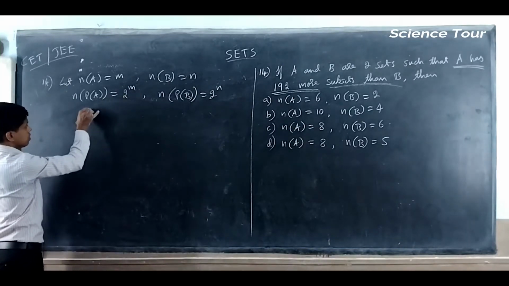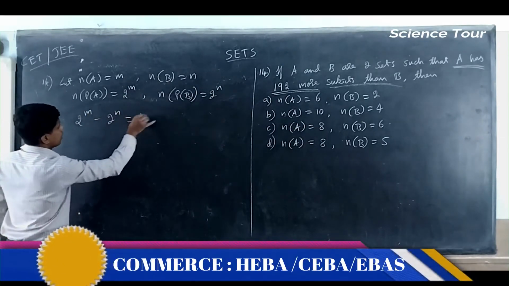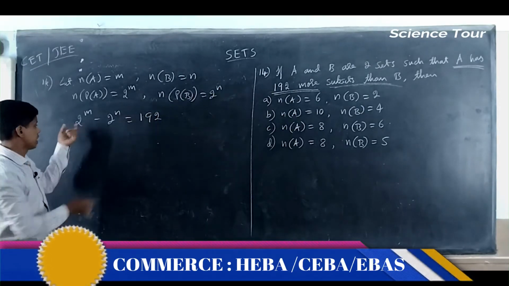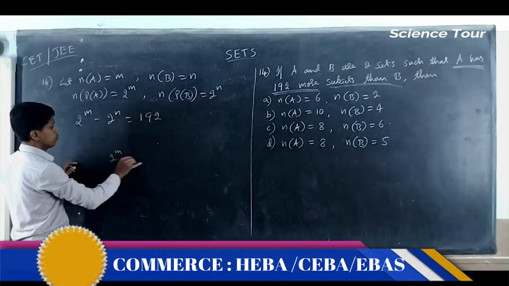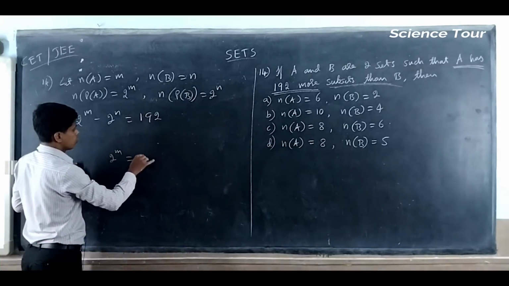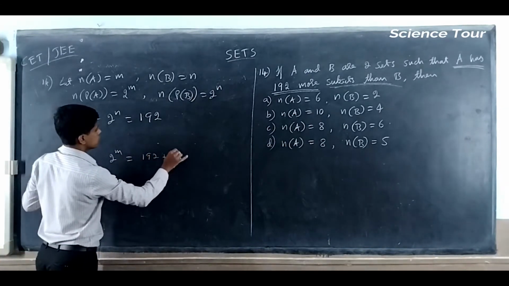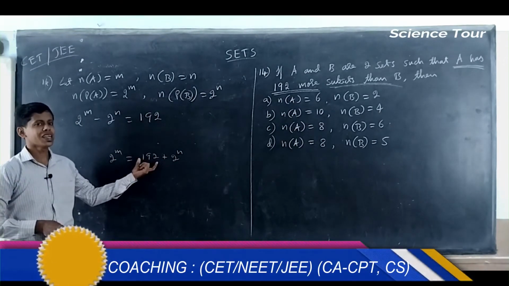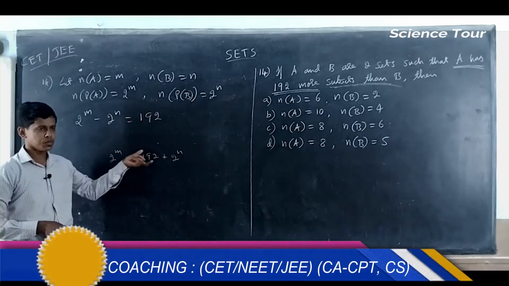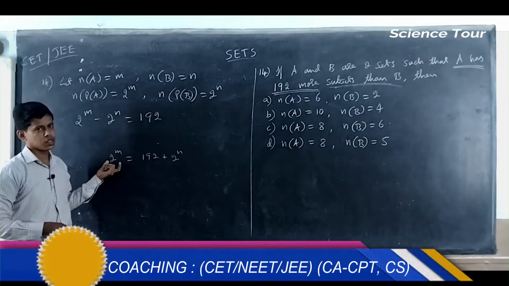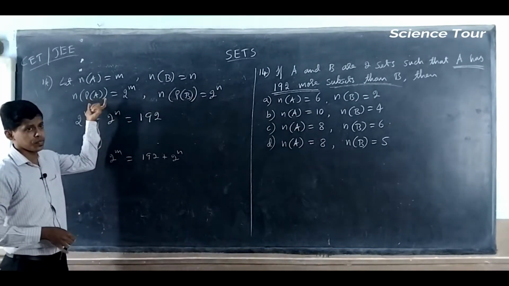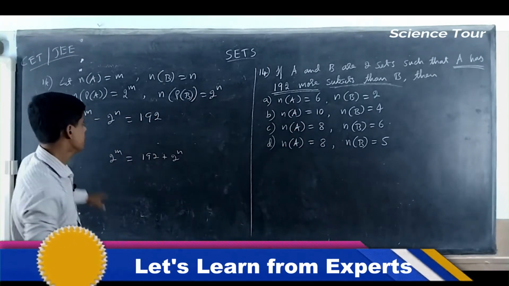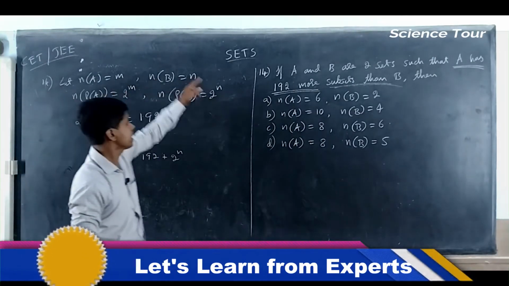So that means 2 raised to m is equal to 192 plus 2 raised to n. That's the meaning of it. Well, if this equation is clear to you, now we can find the value of m and n.